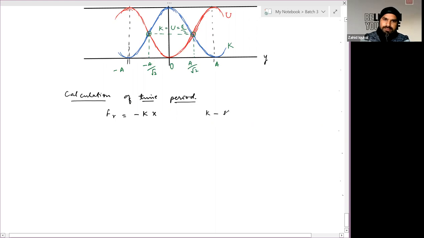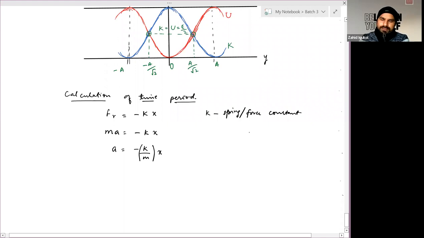So you may write force equals mass times acceleration equals minus kx. So acceleration equals minus k by m times x.